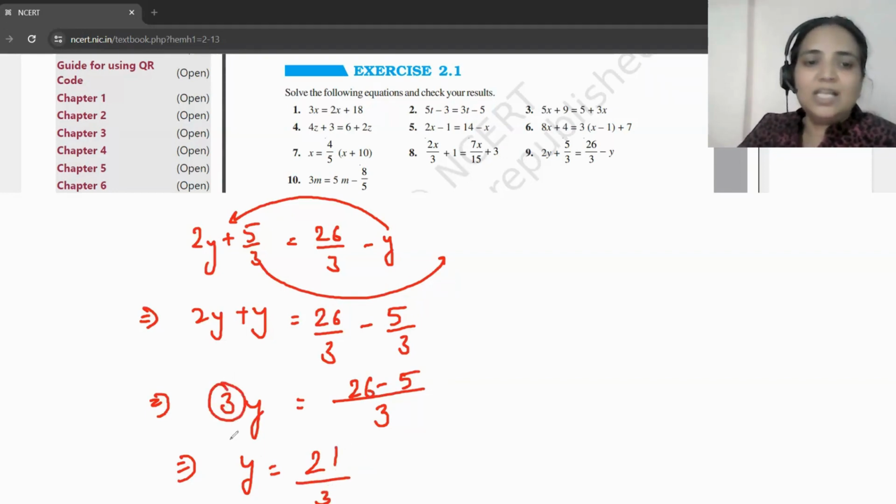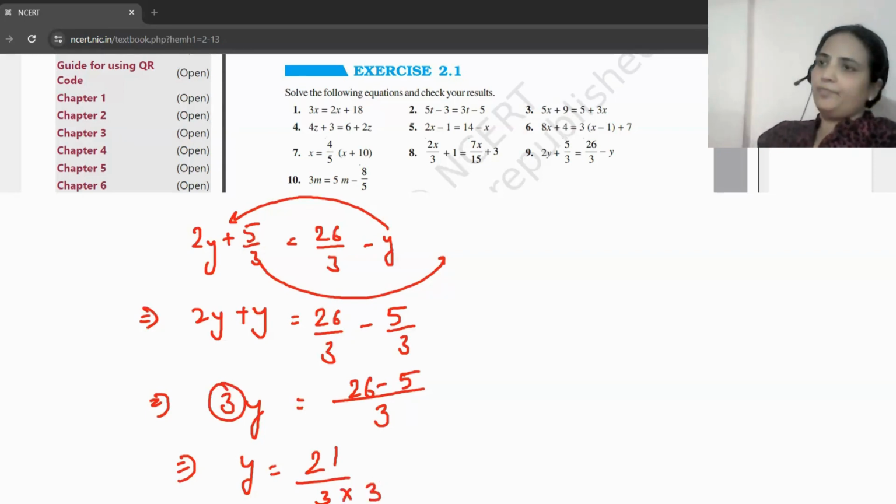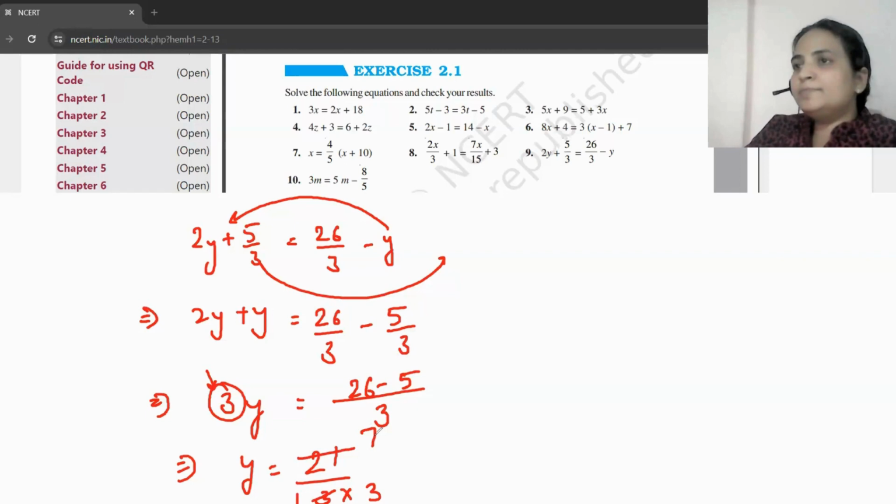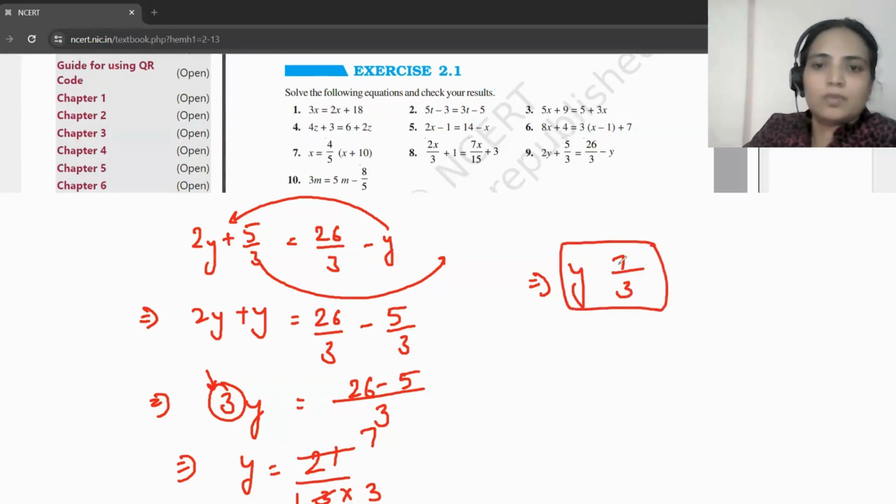And this 3 that is multiplied here will get divided there. The thing which is a numerator here becomes the denominator on the other side. Right? So what is this now? 3 ones are 3, 3 sevens are 21. And y, this implies y equals 7 by 3. Clear or not, children?